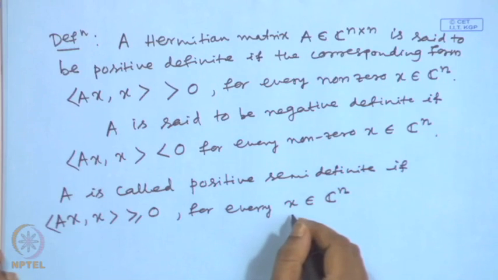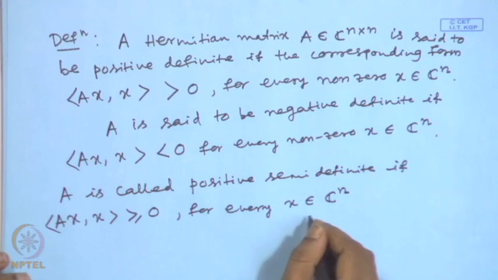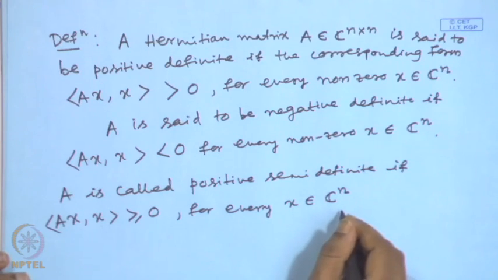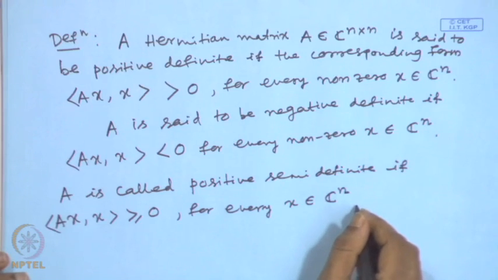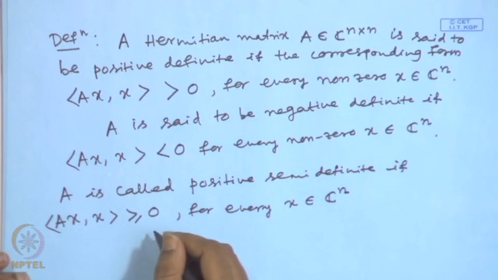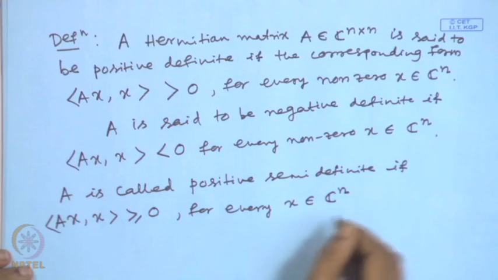Here this x may be taken as the 0 vector. Similarly, one can also define negative semi-definite matrices.